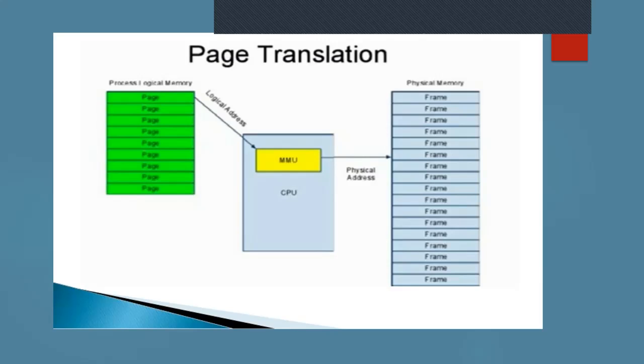What are frames? I have explained this while explaining segmentation. What are frames and what are pages? Can anyone remember page translation? Page translation means I want the definition of page as well as the definition of frame.